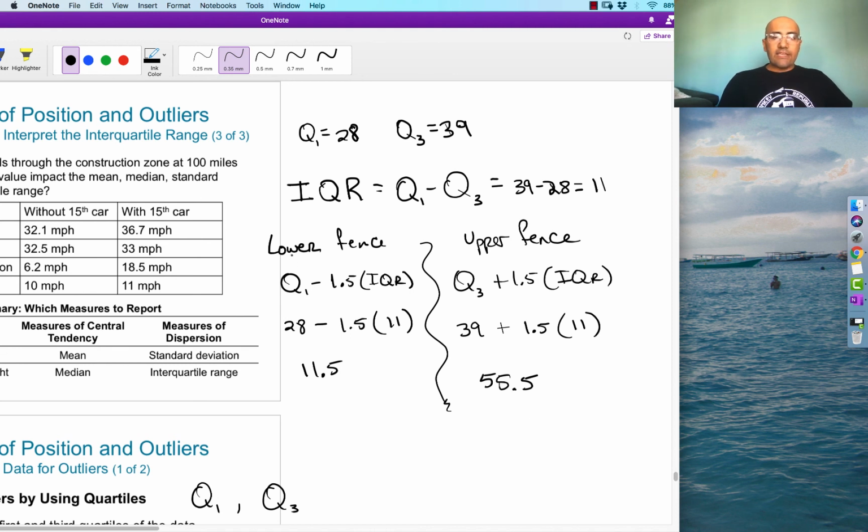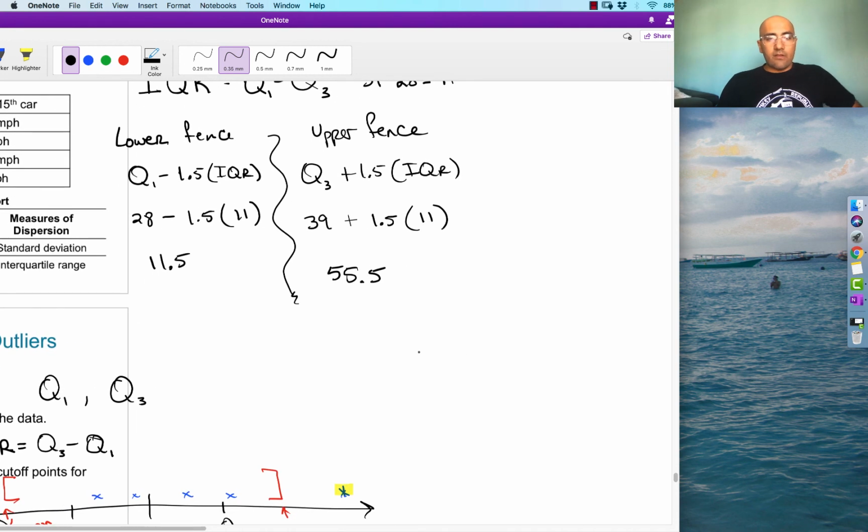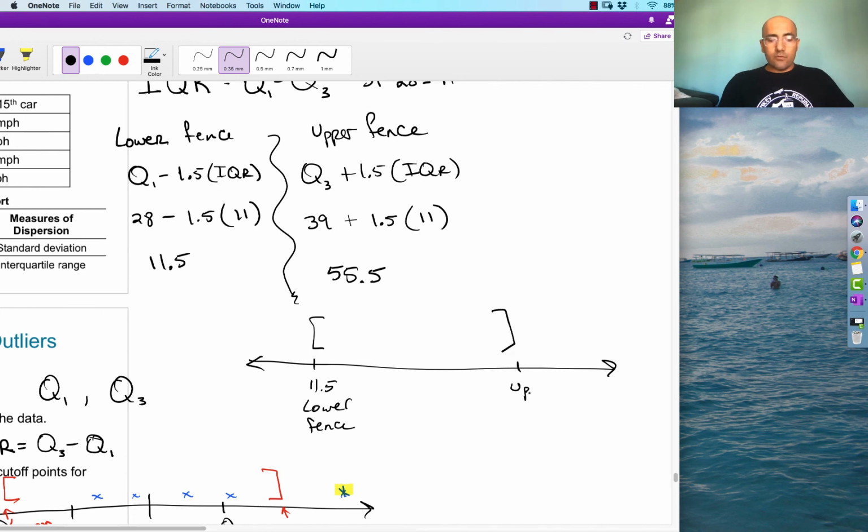And since this is the case where we tossed in the 100, then 100 is definitely an outlier. If we think of it on a number line, here is the number line. Here is that lower fence at 11.5, and over here is the upper fence at 55.5.